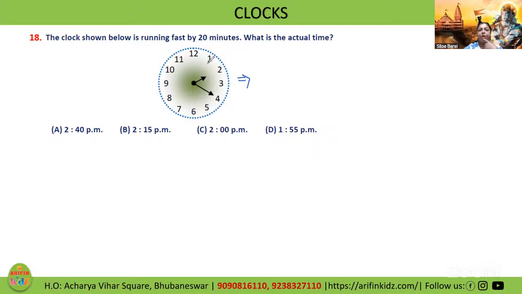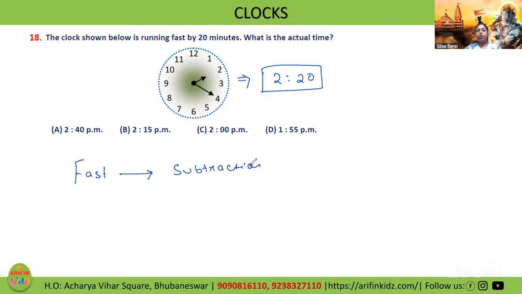It is in between 1 and 2, right? It is in between 1 and 2, and it is at 20. So all of you see, it is 20. That means 2:20. So the clock is fast. Always remember, when it is fast, what will you do? Slow. That means you have to do the subtraction. You need the subtraction concept here.